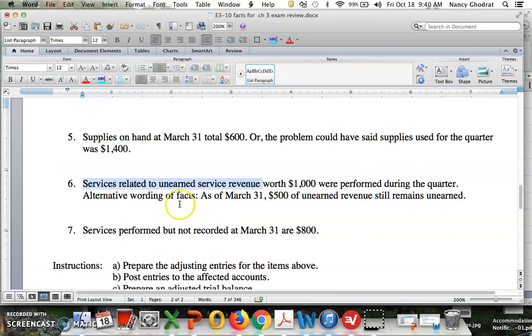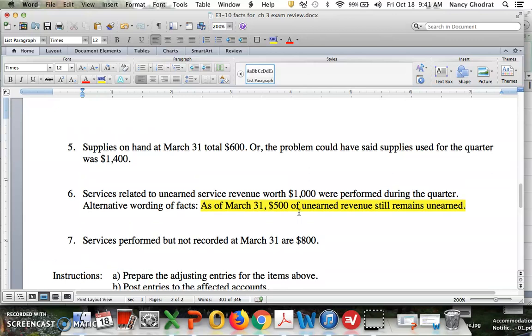Now, the wording as part of the fact could have been this way too. Instead of the first sentence, they could have told you that as of March 31st, 500 of unearned revenue still remains unearned. So that means the rest of it we must have earned.